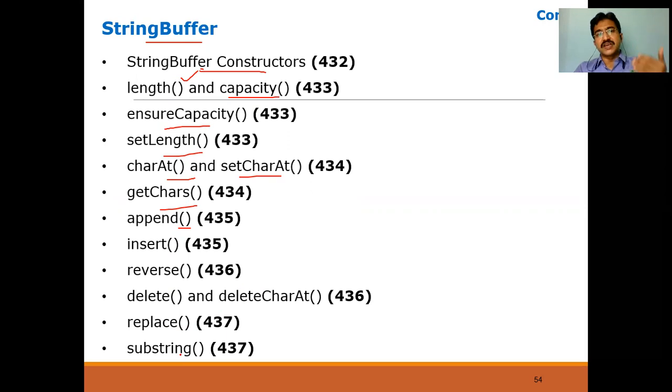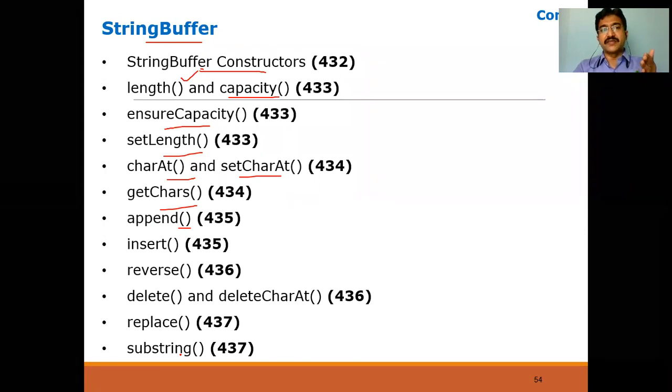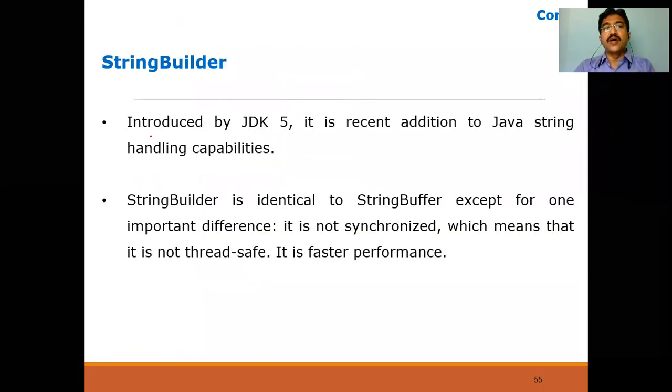These are some of the methods available in the StringBuffer class. As with the String constructor and methods, here also we have the StringBuffer constructor and some methods. And the third way of creating a string is with the help of StringBuilder.